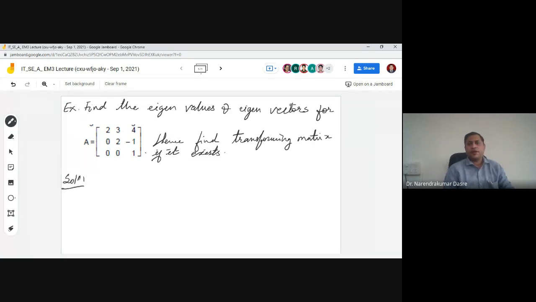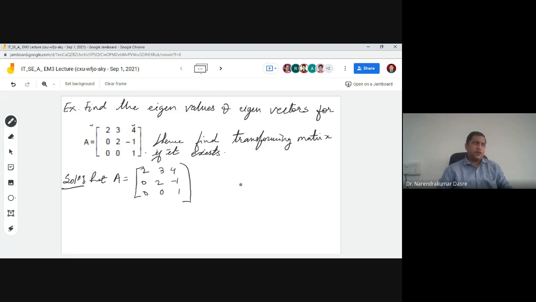So first we have to find out the eigenvalues and eigenvectors anyhow. So let A be equal to 2, 3, 4, 0, 2, minus 1, 0, 0, 1. Can any of you tell me what are the eigenvalues of this matrix and why?